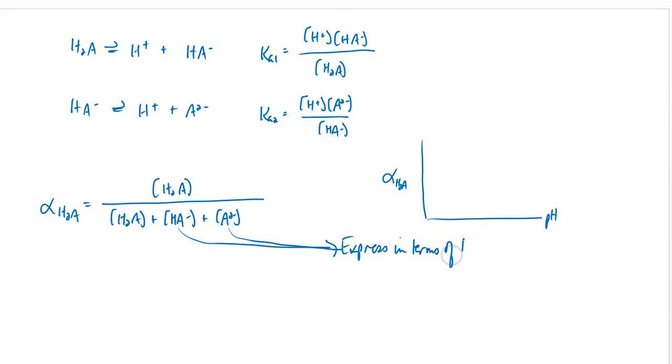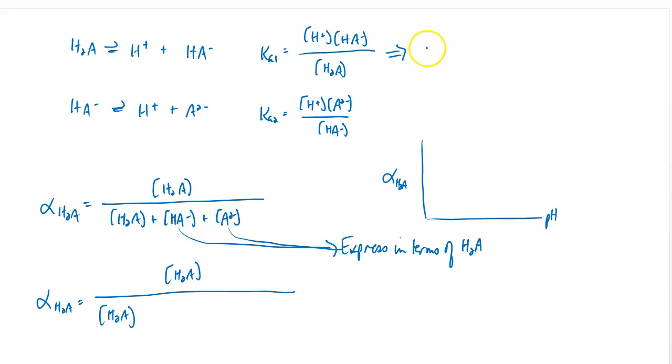So alpha, the fraction of H2A, I'm not going to do anything upstairs. I'm going to leave that alone, and I'm going to leave the first term downstairs alone. And now I'm going to substitute in something else for HA minus. I want to express it in terms of H2A, and I think I can use Ka1 to do that. HA minus, wouldn't that be Ka1 times H2A divided by H plus?